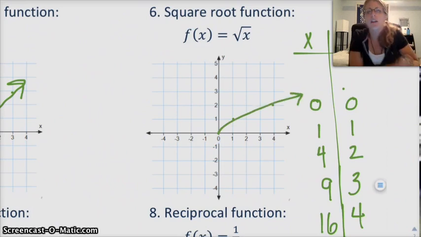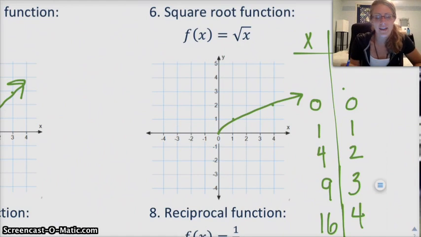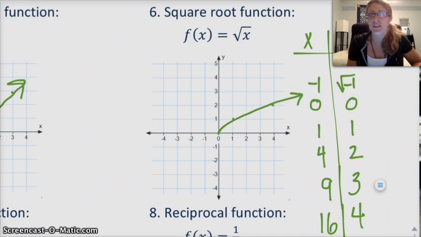Okay, so what about negative numbers, right? -1, square root of -1. Well, you can't take the square root of a negative number, right? Because a negative times a negative is a positive, so there's no way that you could ever get two values that are the same that, when you multiply them together, get you a negative number.